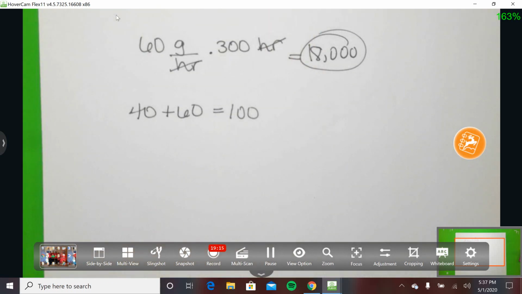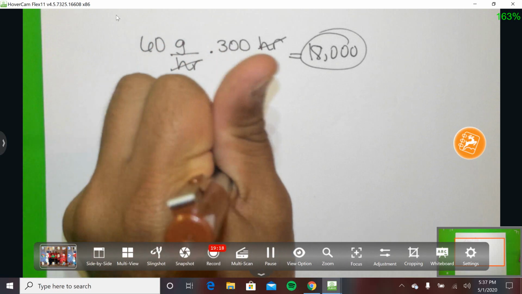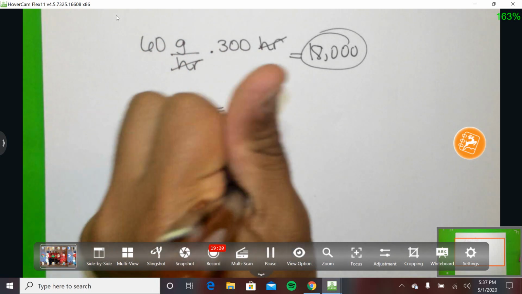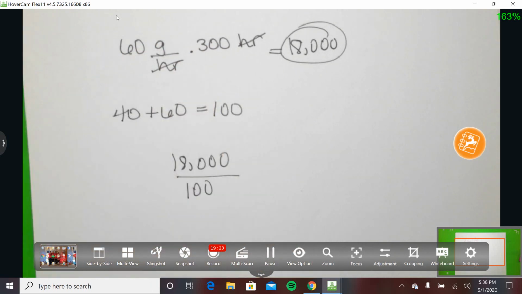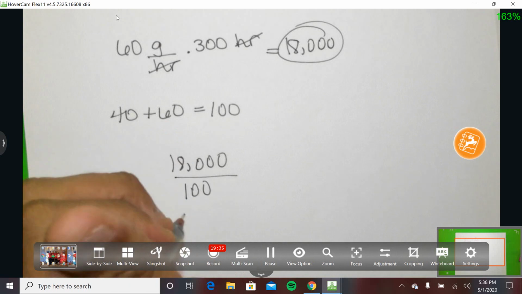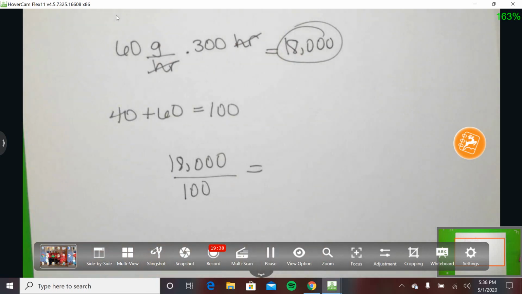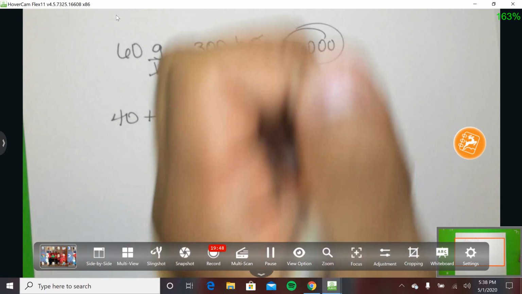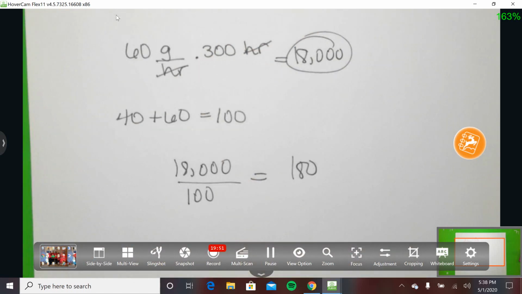And then from there, you take that 18,000 volume and you divide it by 100. 18,000 gallons divided by 100 will give you 180 hours. It's really more kind of like averaging.